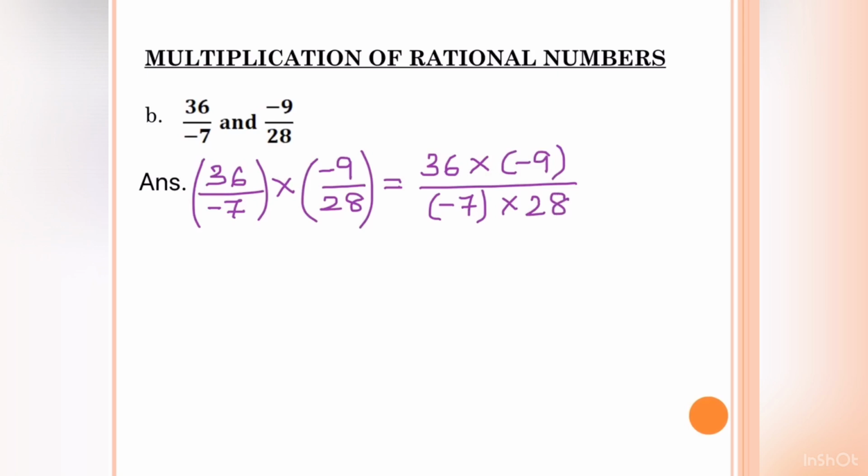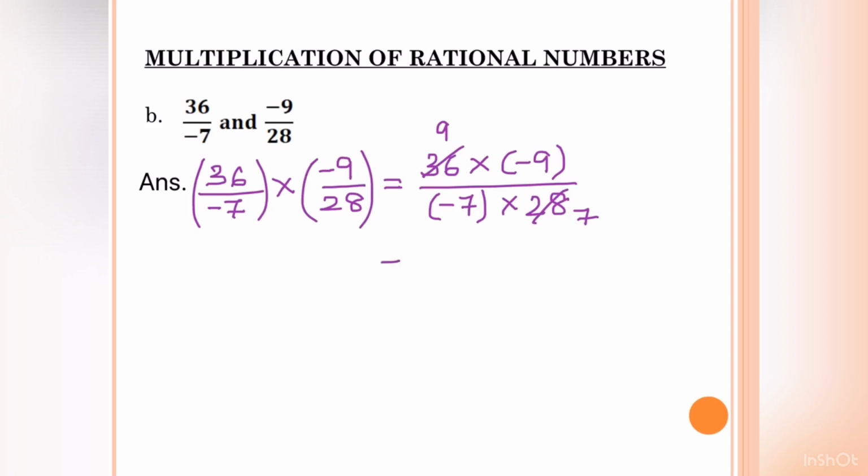In this expression, 36 and 28 have 4 as a common factor. Let's cancel it. So 4 times 9 is 36, 4 times 7 is 28. We don't have any other common factor.